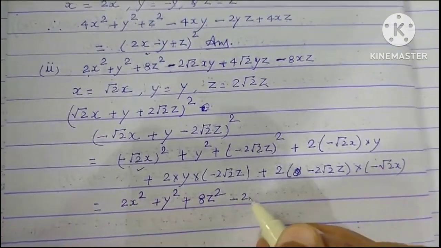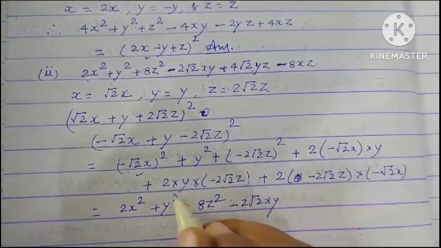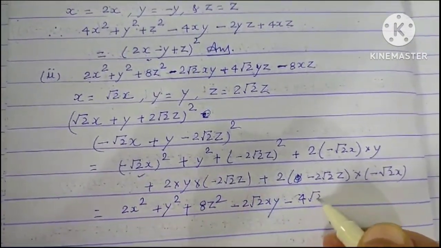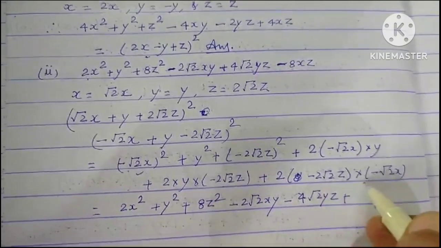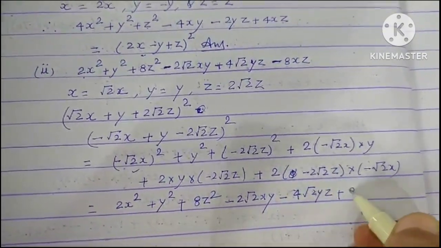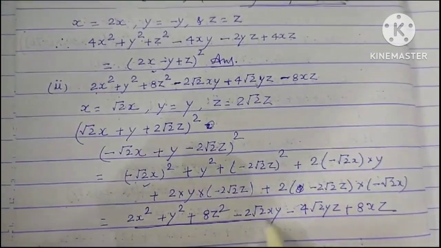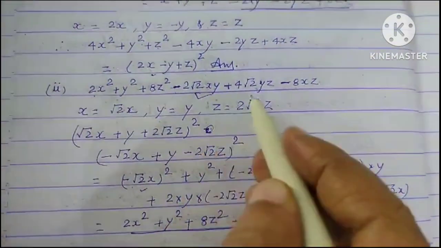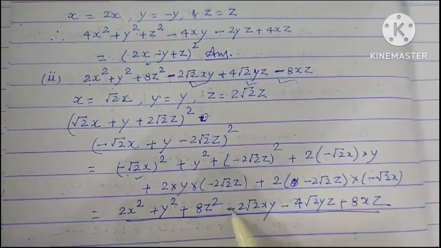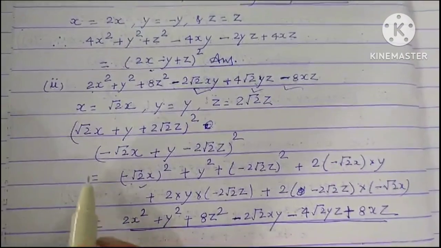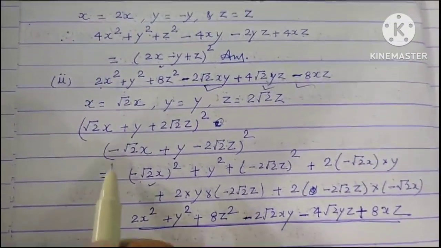Here it will come minus 2 root 2xy. Here it will come minus 4 root 2yz, and here it will come plus 8xz. So this is not going to fulfill our criteria, minus, plus and minus. It is coming out minus, minus, plus. So we need to change something in this plus, minus, plus sign.